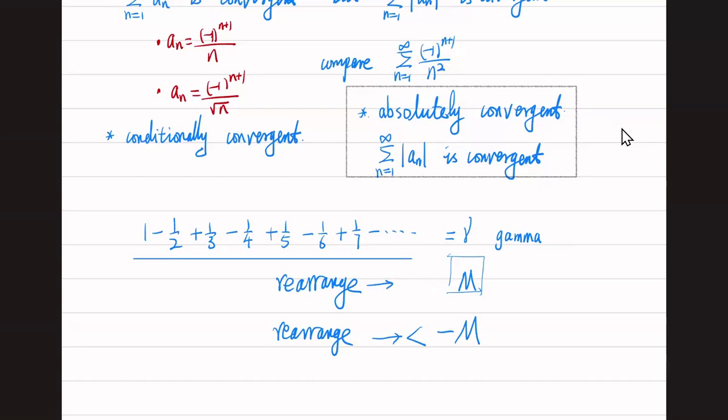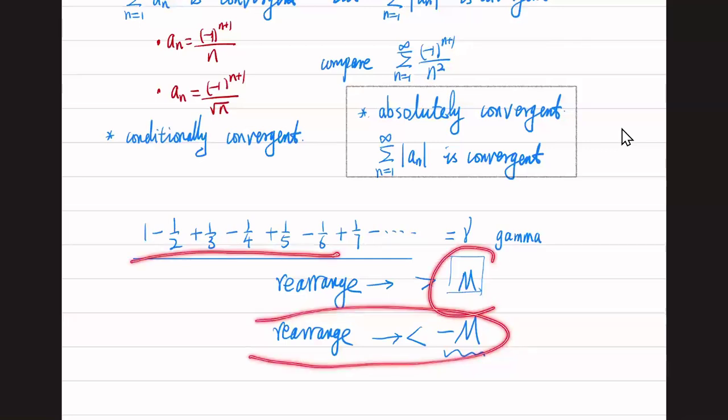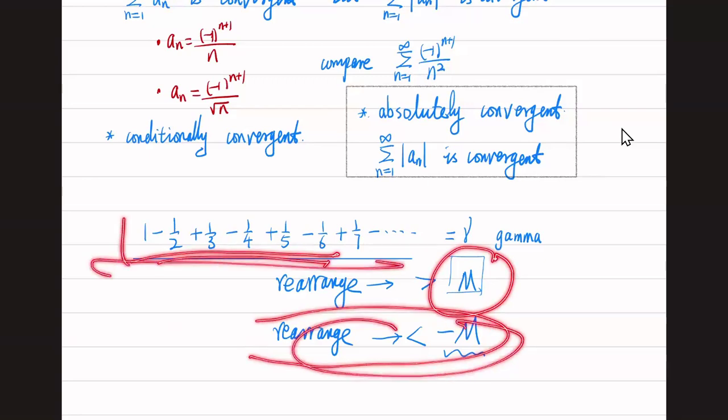Convert it to something bigger than m. So how do I do this? How could I make the sum arbitrarily large? How could I make the sum arbitrarily small? It's the same series.